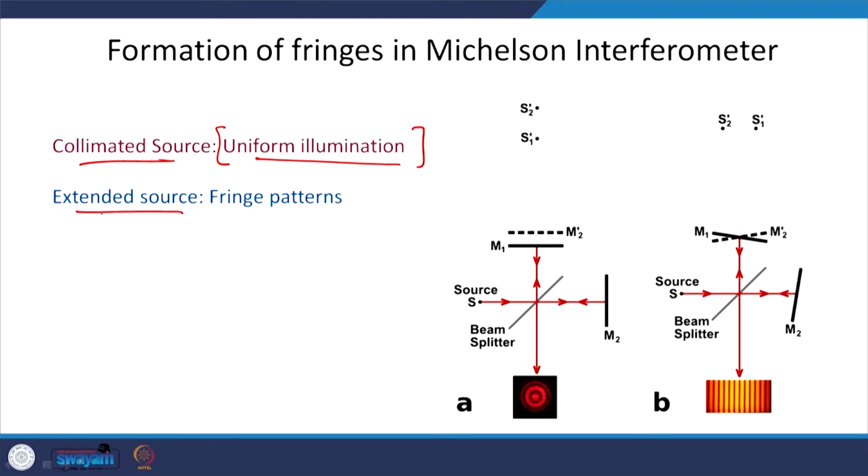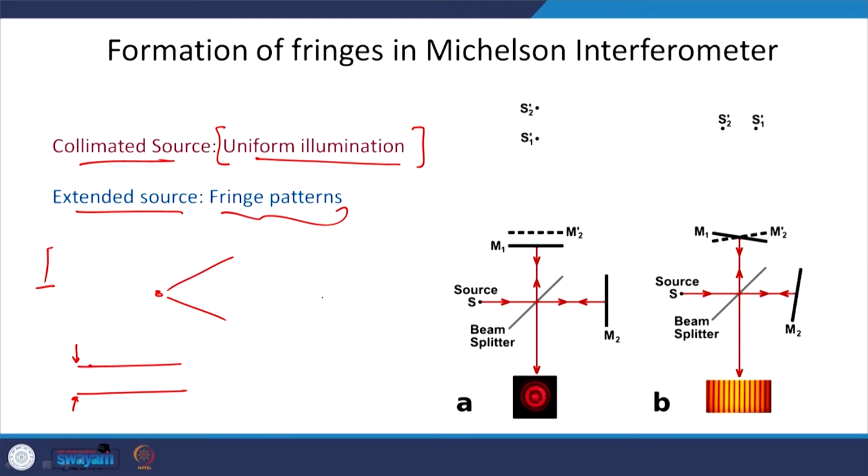But if you have an extended source, rather than a point source, then you see fringe patterns. And if you remember the fringes for a thin film, which you might have studied in the first or second year of graduation, you will get circular fringes.